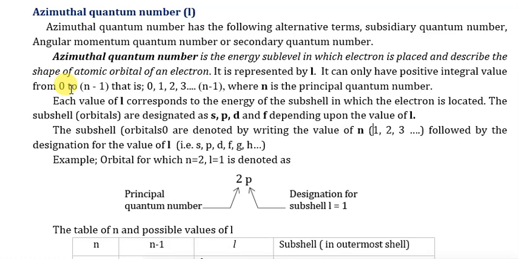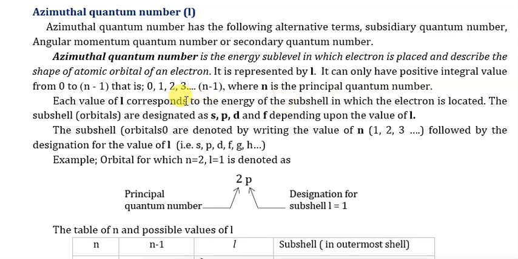So kama n yako ni 10, maana itaanzia 0 hadi 10-1 ambayo ni 9. Kama n yako ni 3, itaanzia 0 hadi 3-1 ambayo ni 2. So we'll have 0, 1, 2, 3 up to n-1, where n is the principal quantum number. So the value of the azimuthal quantum number depends on the value of the principal quantum number.